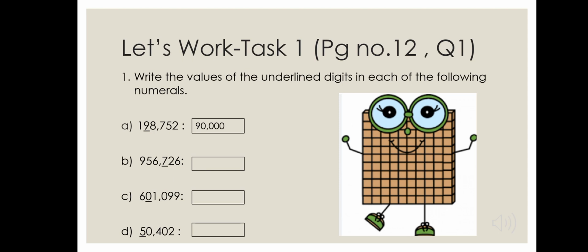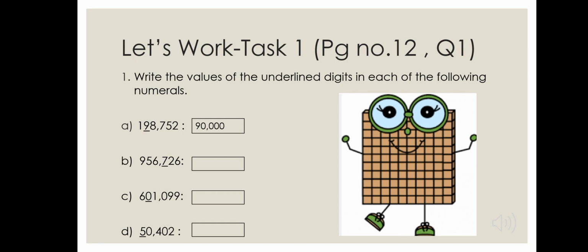So you can see that from extreme right, 2 holds the place value of units, 5 holds the place value of tens, 7 holds the place value of hundreds, 8 holds the place value of thousands, and 9 holds the place value of 10,000. And I told you whenever you are going to expand a digit which holds the place value of 10,000, you are going to place 4 zeros after that digit, which means after 9 you are going to place 4 zeros, which gives us the number 90,000.